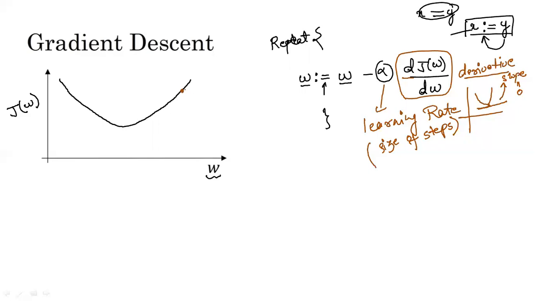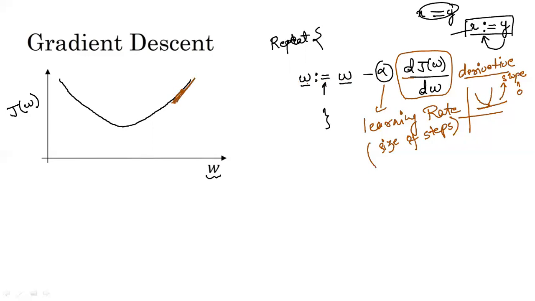Now I need to apply the repeated updation step to this point. So w colon equal to w minus alpha, the learning rate, times dJ(w) upon dw.